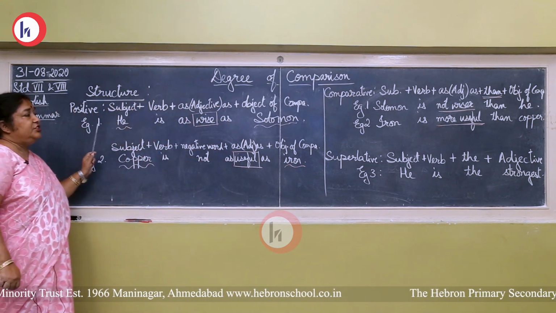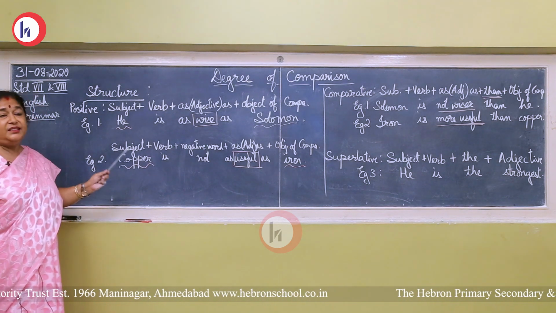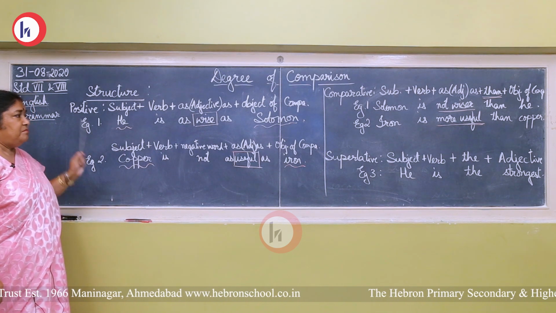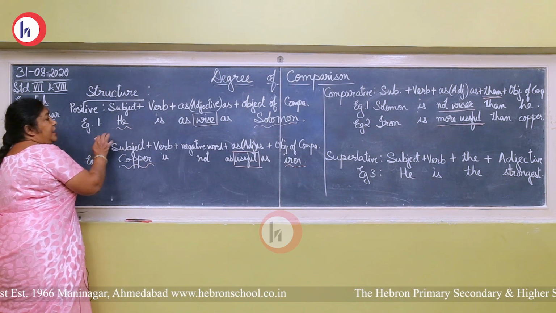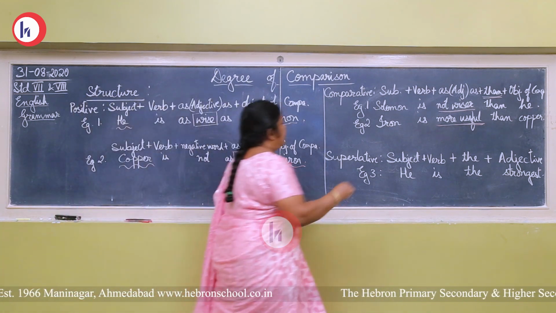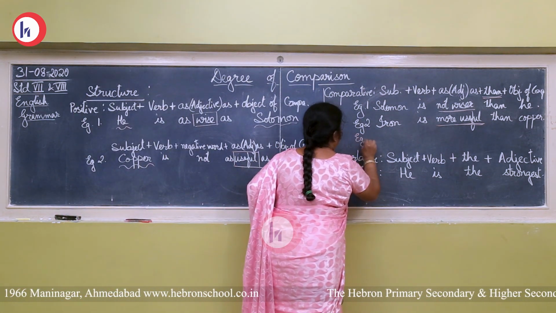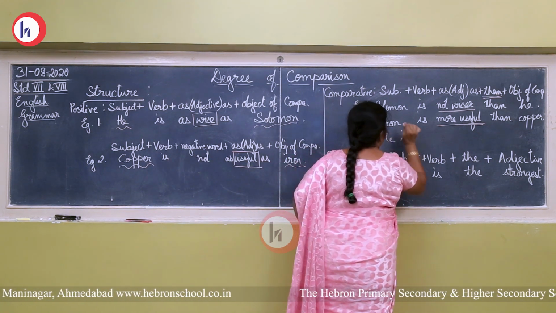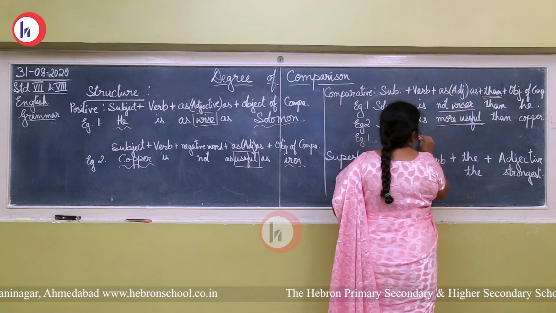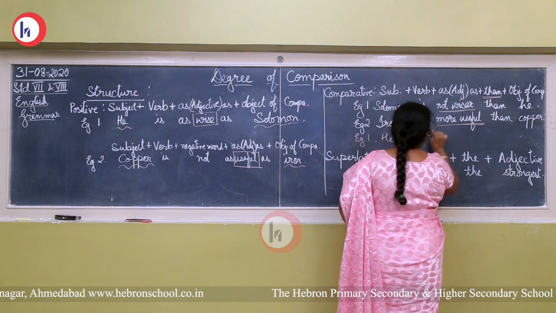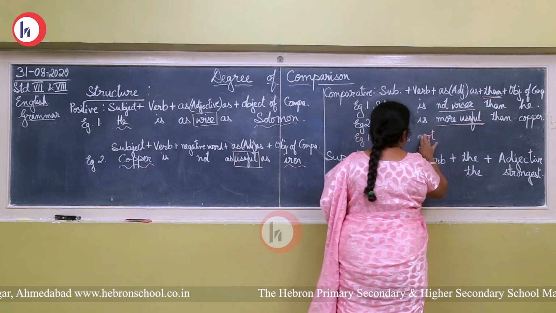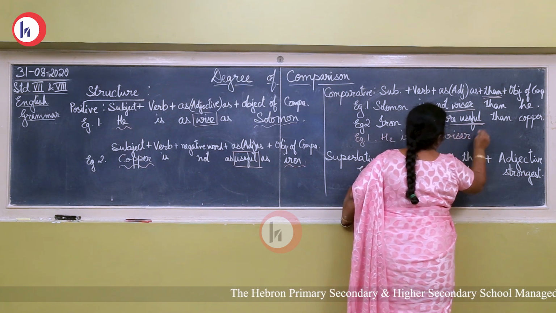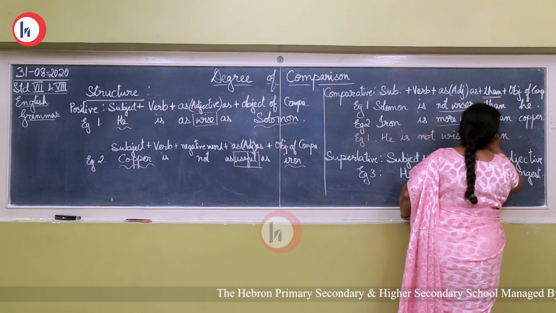Now, such sentences where only two things are talked about, nothing extra is said, we cannot make the superlative of such sentences. But only for this sentence, example 1 can also be written, without changing, as: he is not wiser than Solomon.